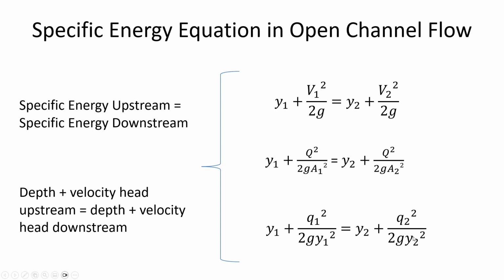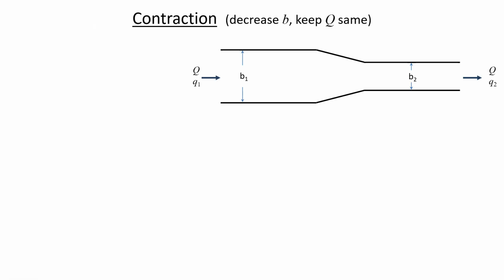It's just, are we expressing the velocity head in terms of V, in terms of large Q, or in terms of lowercase q? And there's different times that we'd use different equations. And in fact, we could mix and match. We could use the left-hand side of this equation and the right-hand side of this equation interchangeably, just so long as we're calculating the specific energy at 1 and setting it equal to the specific energy at 2.